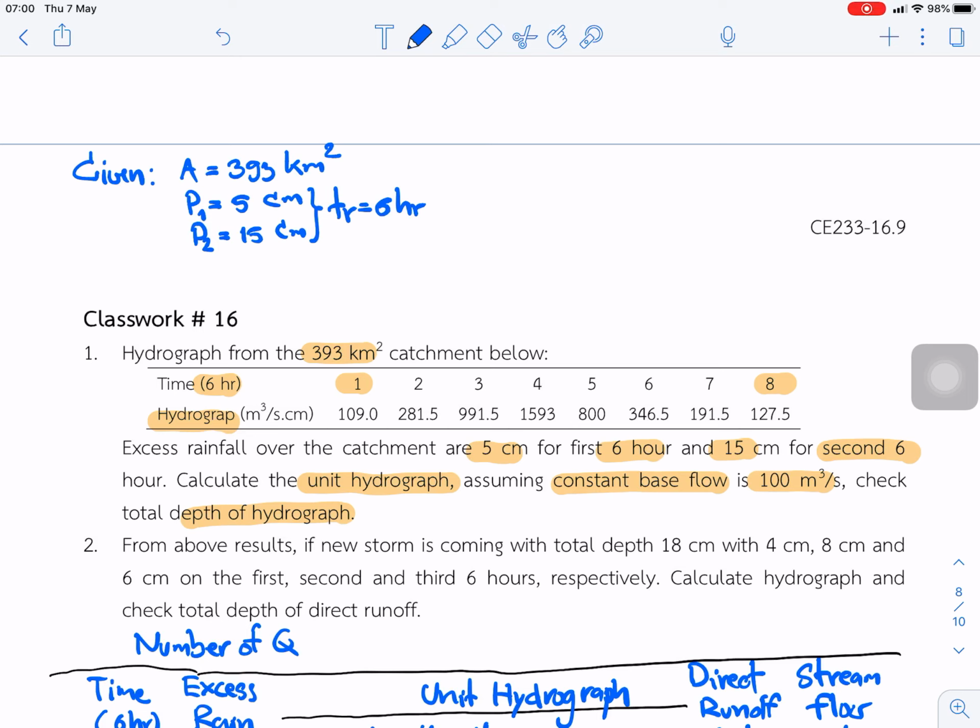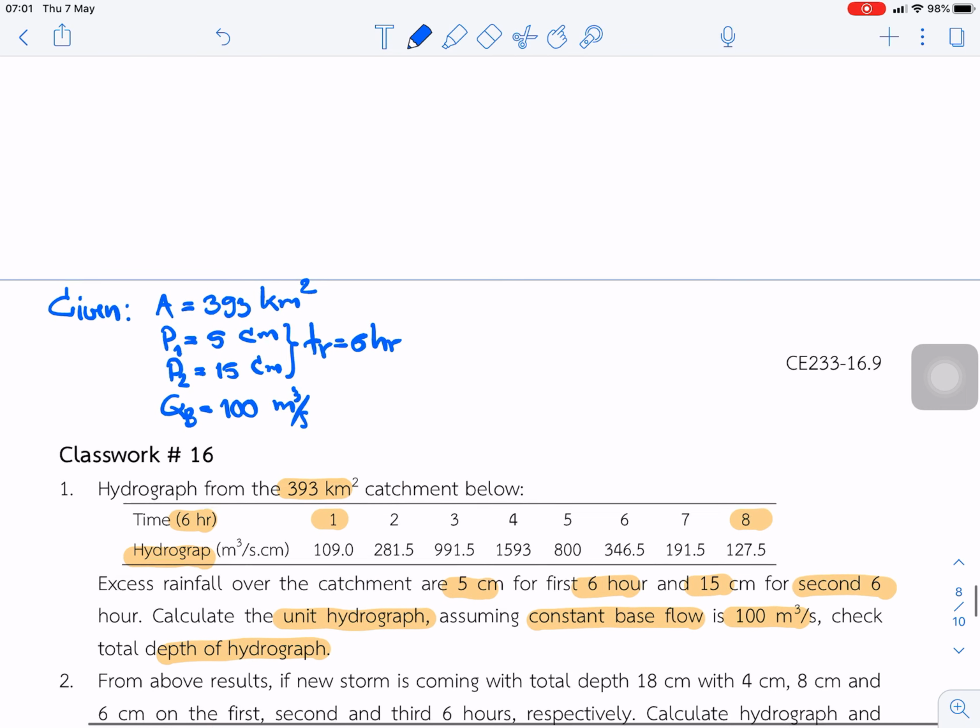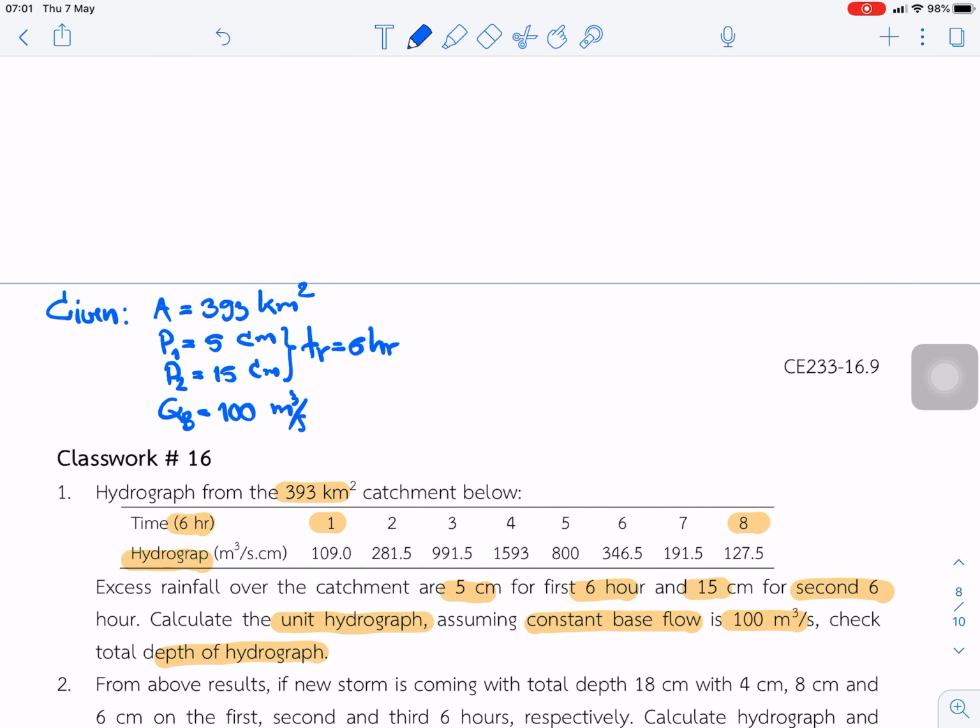Each time step is 6 hours, and the base flow Q is 100 cubic meters per second. First we have to check the number of U.